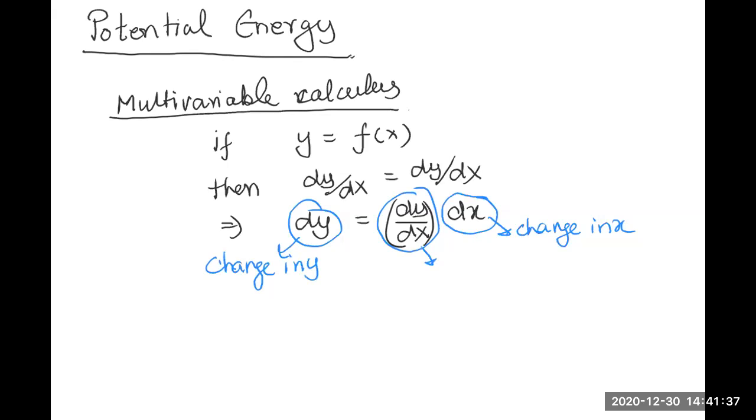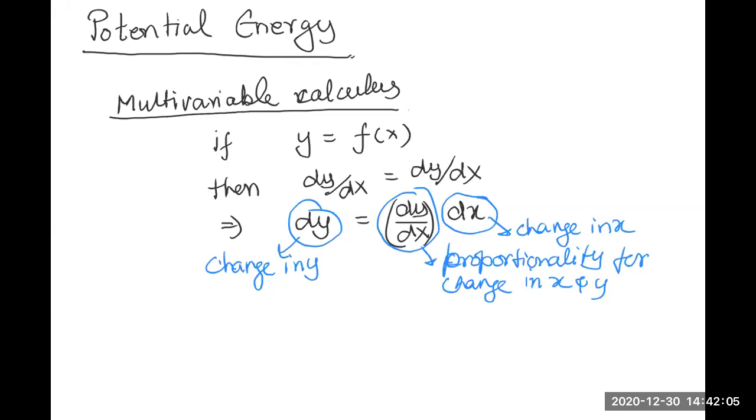And this is sort of the proportionality for change in x and y. Right. So dy by dx is basically a proportionality between change in x and y.